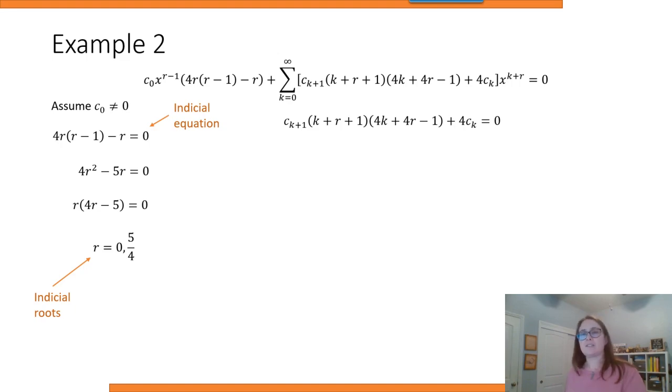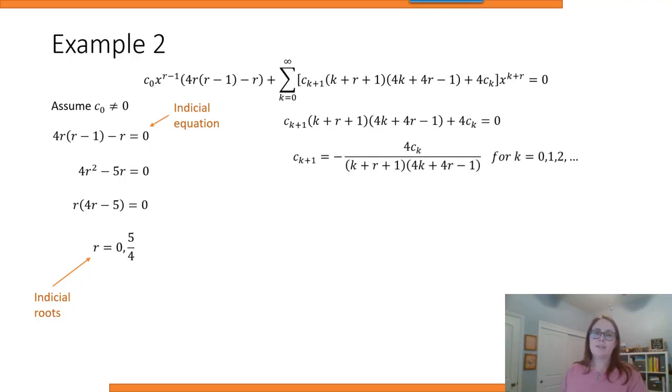That means subtracting 4ck to the right and then dividing by everything multiplying ck plus 1. And it gives me this recursive relation: ck plus 1 is equal to negative 4ck over k plus r plus 1 times 4k plus 4r minus 1. And this starts at k equals 0 and goes from there, because that is where the sum started, at k equals 0.